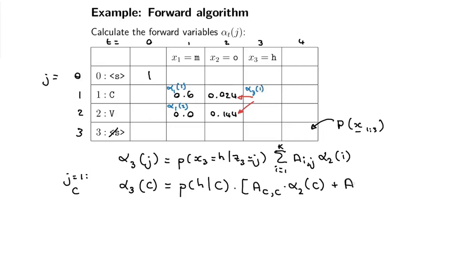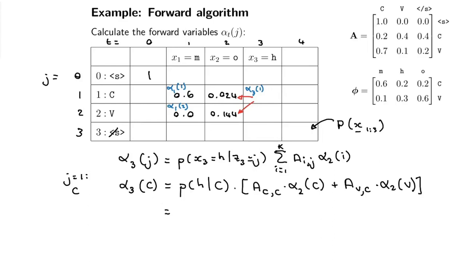Okay, so in the previous time step we were in V, now we're moving to C, and then the alpha corresponding to that previous time step. So in time step 2, we were in the vowel state. Okay. And you can go back, look up the probabilities.